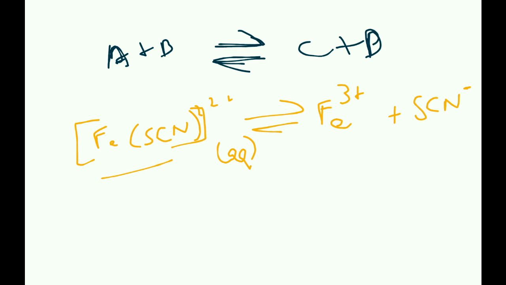So when I take this, they're going to be in equilibrium. This is going to dissociate to form these two, and these two will also be combining simultaneously to form this. So I will say that these two are in ionic equilibrium because it's dissociation of this ion, and these ions are coming together to make this product.